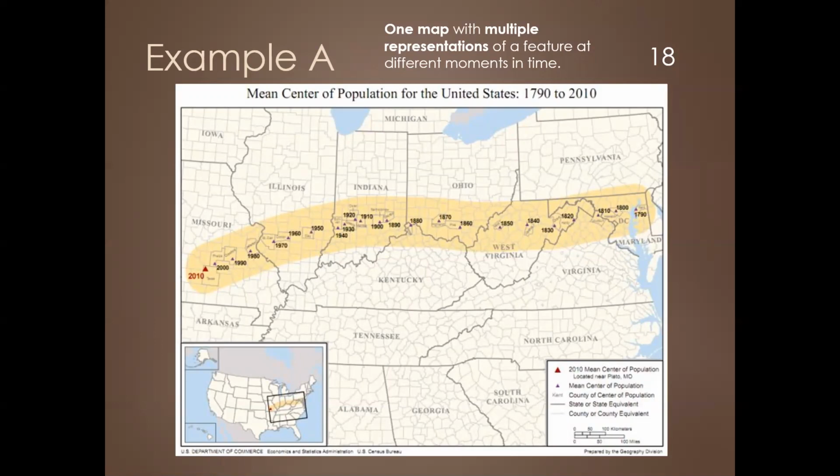But yeah, that's the meaning of this map. One map with multiple representations of the same feature. Okay, each one addresses that feature at a specific moment in time.